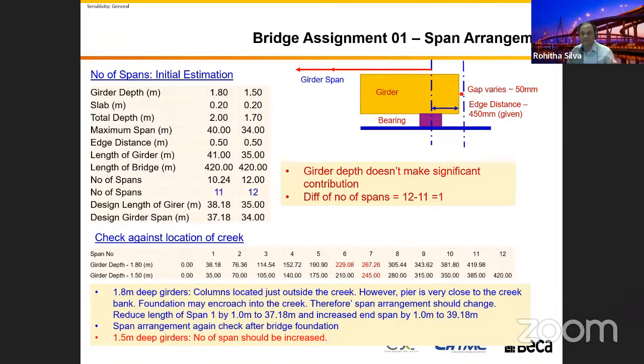What's wrong with that? Of course, a 10 meter span is also a bridge. I'm not going to use I-girders or anything; I'm going to put a plank in there and just cross. Yeah, of course you can. But there's a word we call value for money. When you are designing a bridge, there's a requirement that it be aesthetically pleasing.